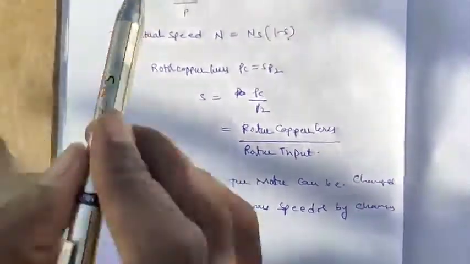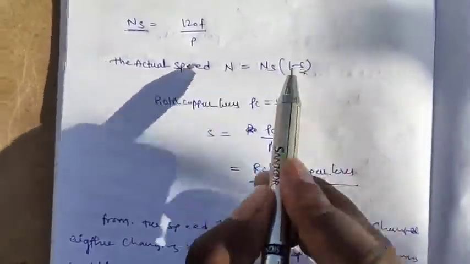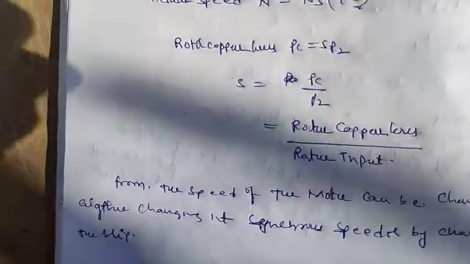That means by changing the synchronous speed or by changing the slip, the speed can be controlled.